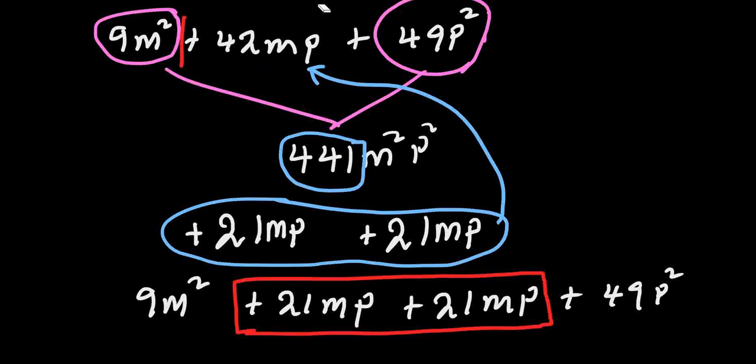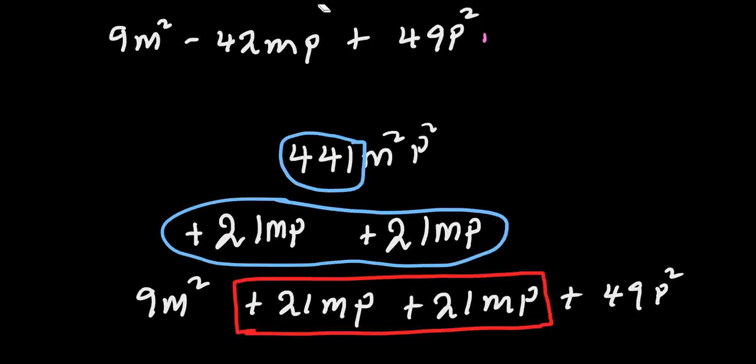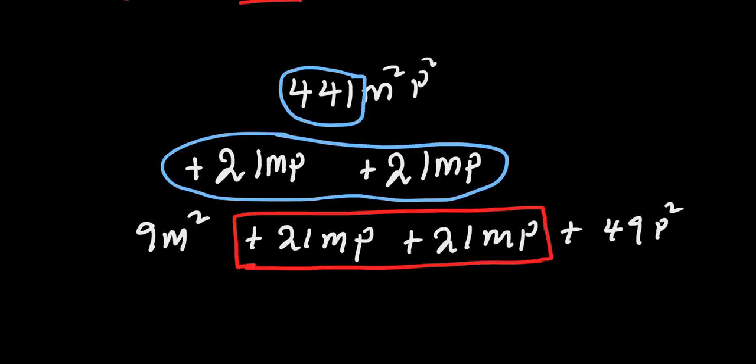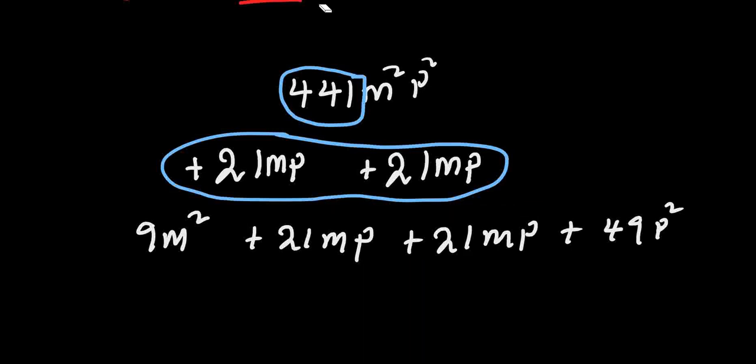All right, so instead of, in this question here, we have just three terms, 1, 2, 3. But after replacing plus 42mp with these two numbers, we now have four terms here, 1, 2, 3, 4.